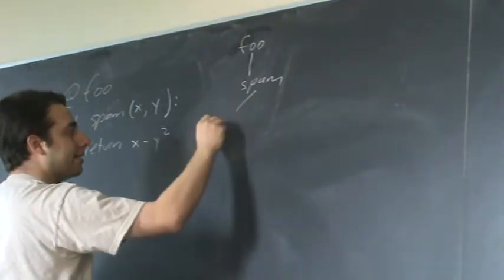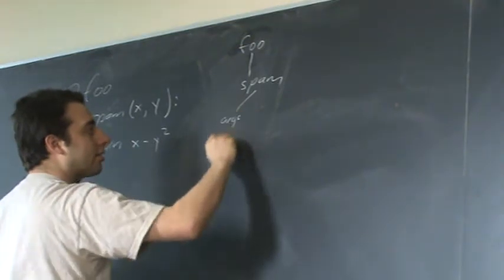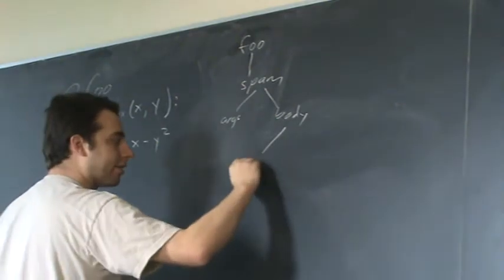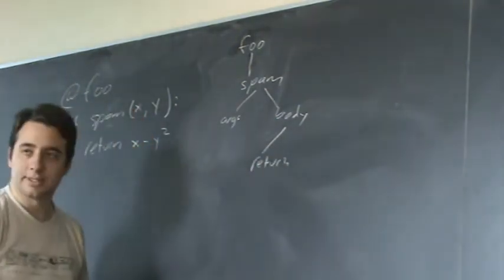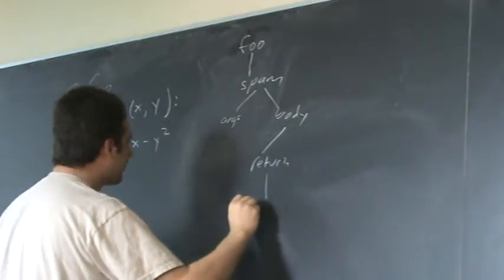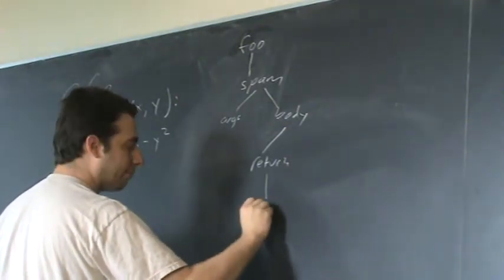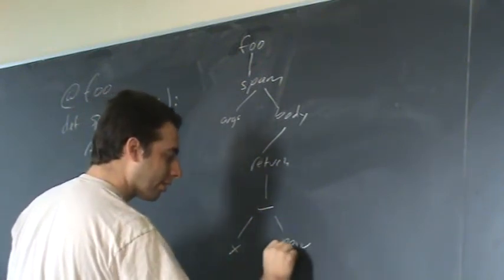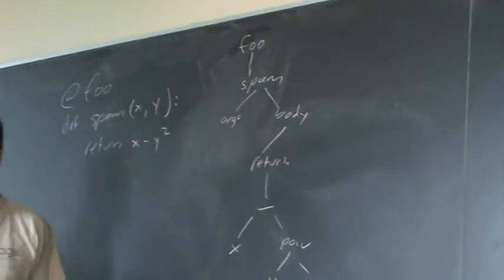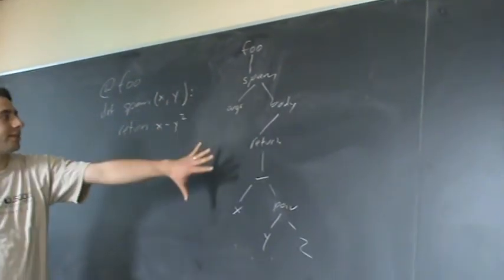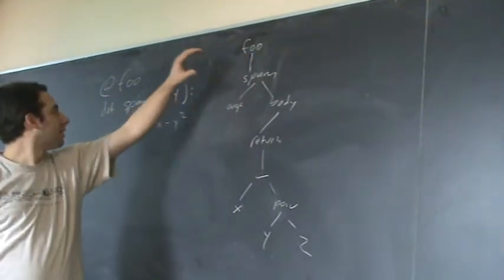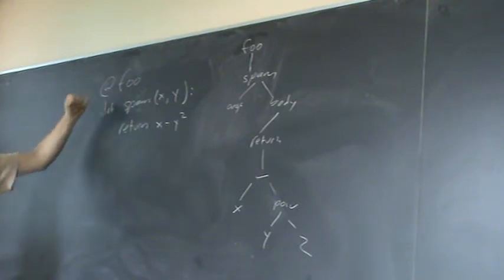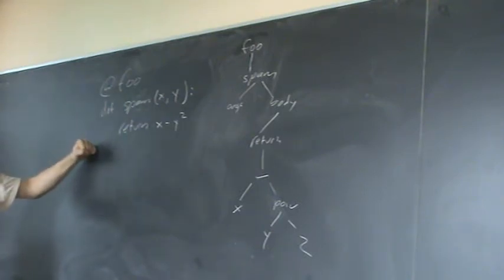The children of span have the arguments, and then it also has a body. And what does the body have? It has a return statement, and the return statement has the expression minus, like that. And so this is the structure. And so you say, if I'm looking at this node here, is anything being declared? At the end of executing the statement, you have a new variable called span.